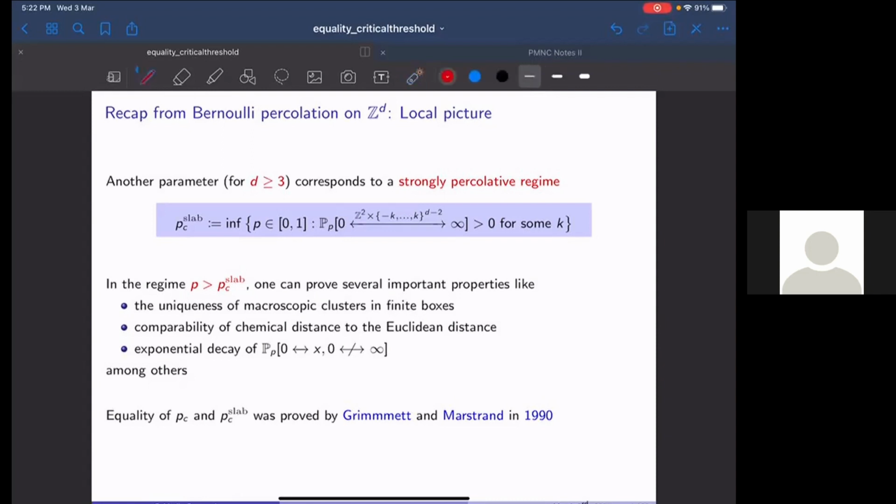And again, why this is important, as I told you, here I list some of the important properties of the infinite cluster that you can prove in this regime when P is bigger than PC slab. And this list is by no means exhaustive. The first is that, for example, you can prove that in finite boxes, you'll have a ubiquitous macroscopic cluster.